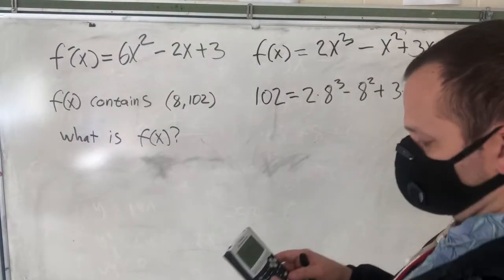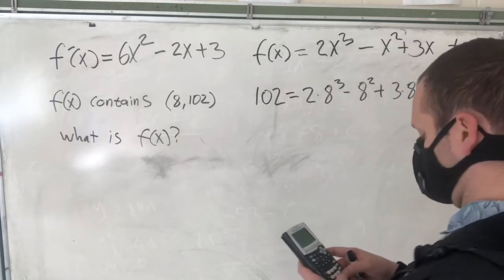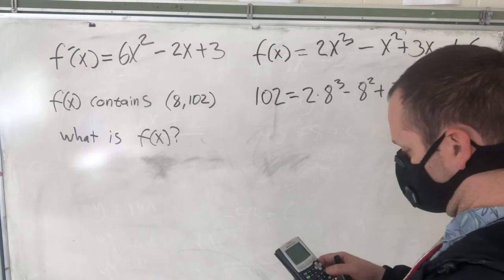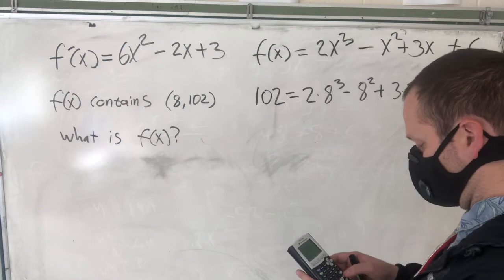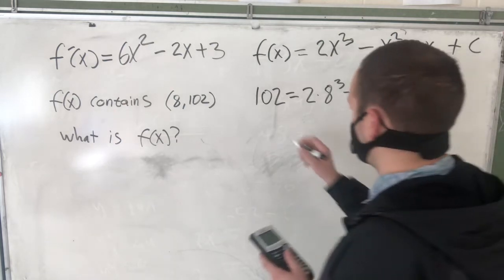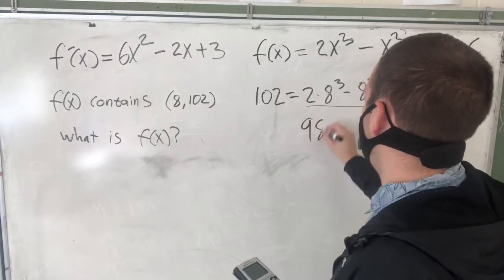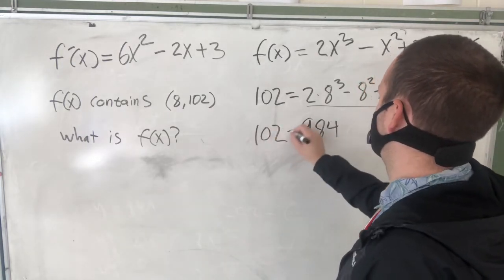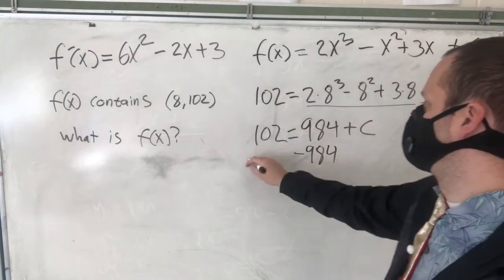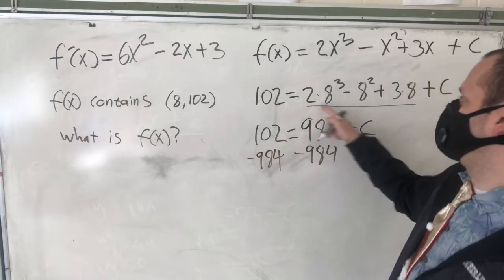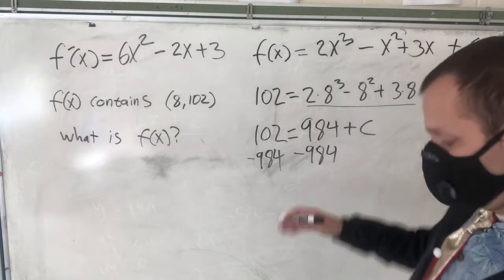All of this simplifies to 984 plus c. How do I get c by itself? I subtract 984 from both sides. Guys, all I did was plug that into a calculator. That's all I did. It's all right here. Subtract.